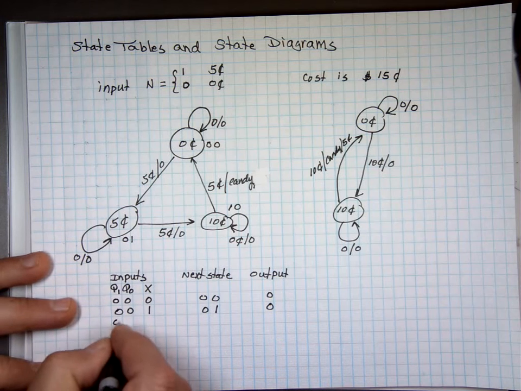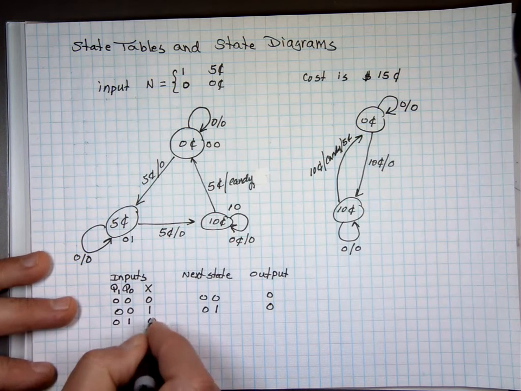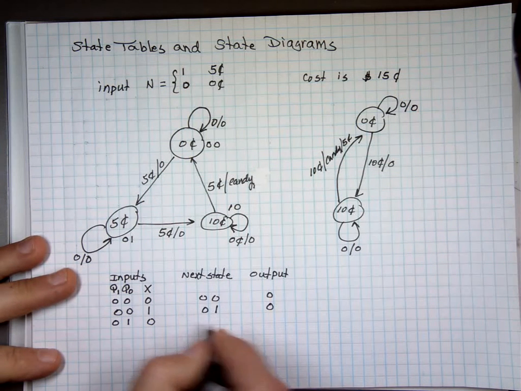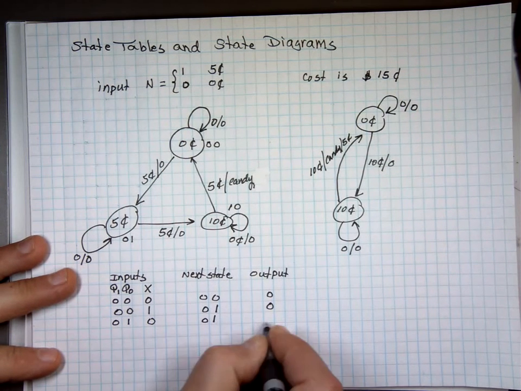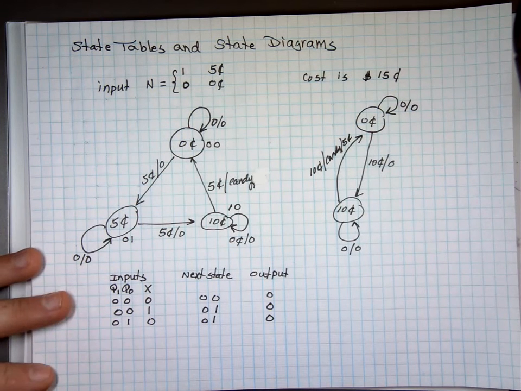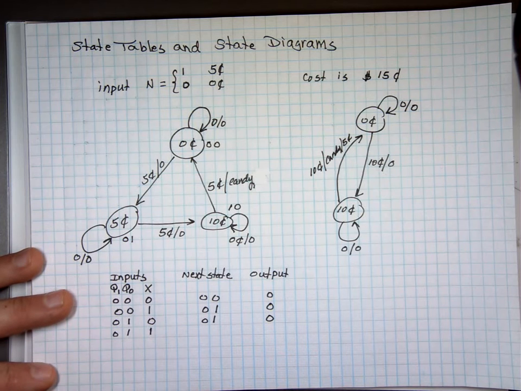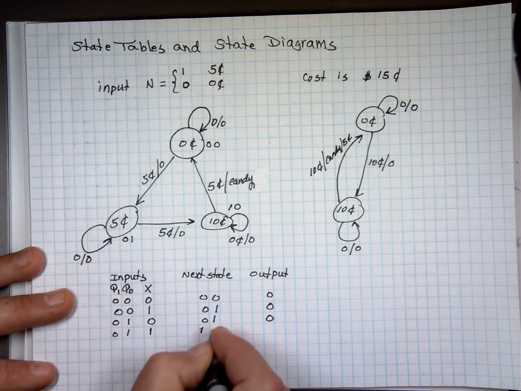If I'm at 0, 1, and I put no money, what happens? Stay where you are. You get a candy? No. If I'm at 0, 1 and I put 5 cents, you go to state 1, 0.